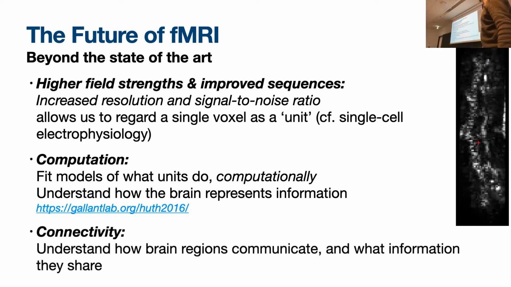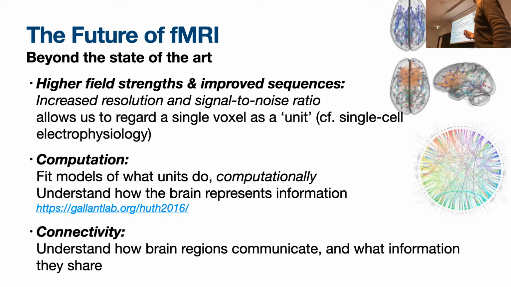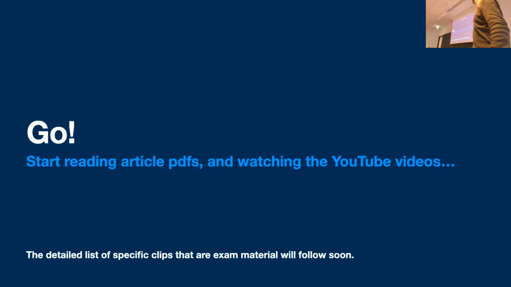What we're really starting to look at is not just how every unit in the brain works, but also how they as a whole, as a network, work to give rise to things like cognitive processes. That's one of the ways in which people show these connectivity results.